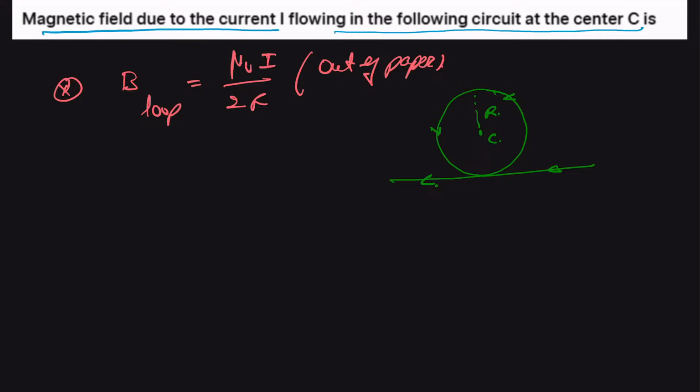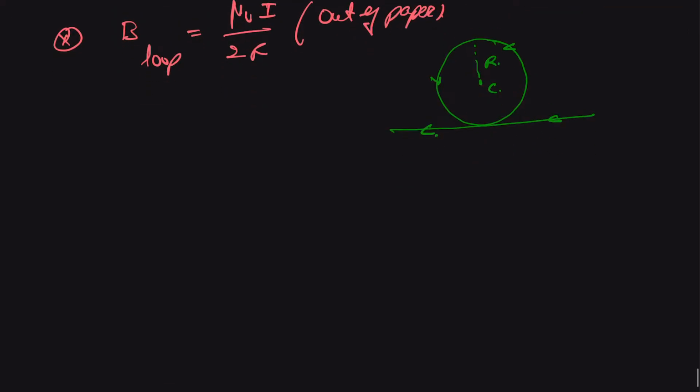And then we are having magnetic field due to wire, and that will be equal to mu naught I upon 2 pi R, and its direction will be into the paper. You can simply use the cross rule. So both the directions are opposite.